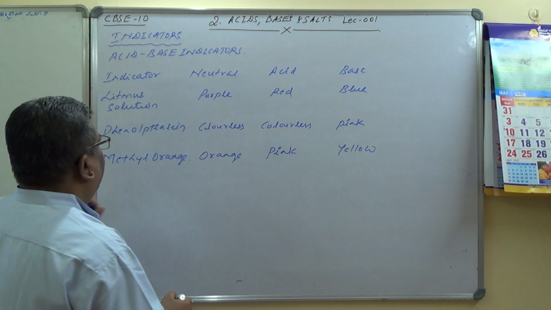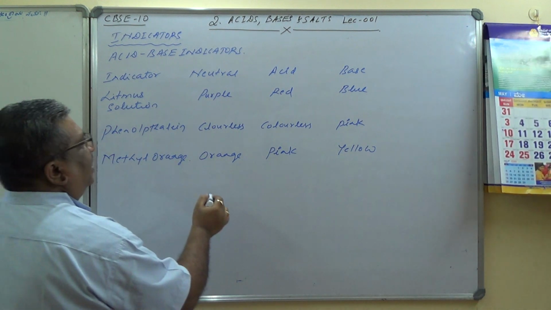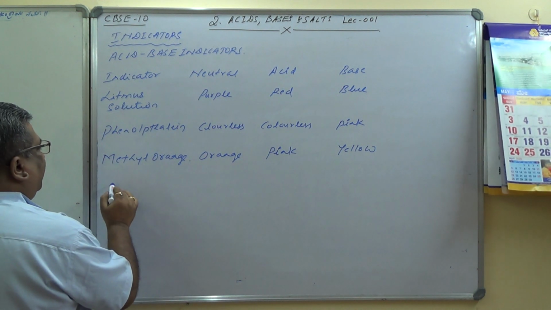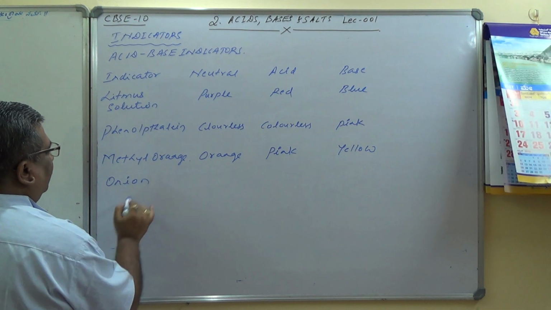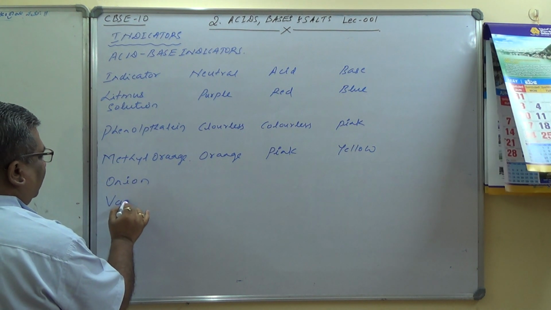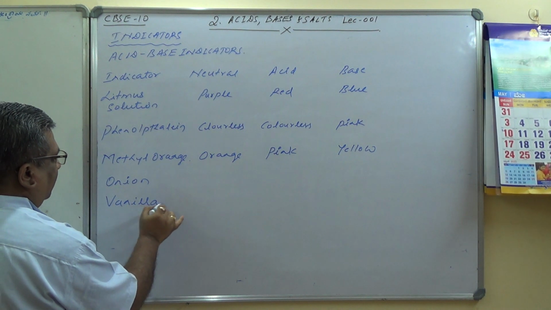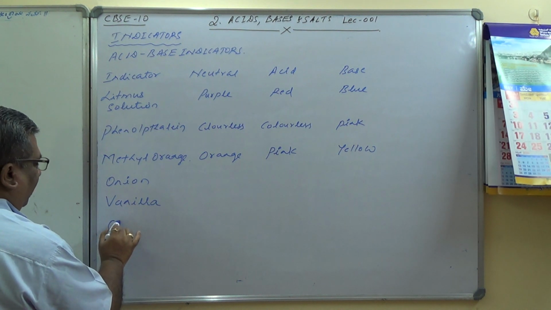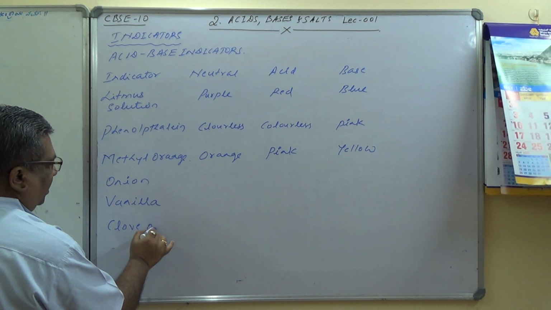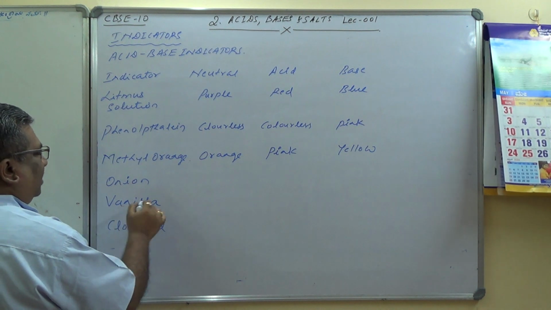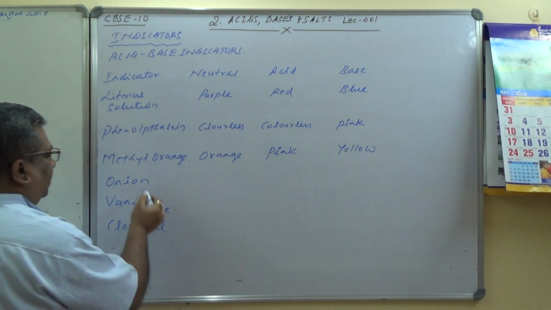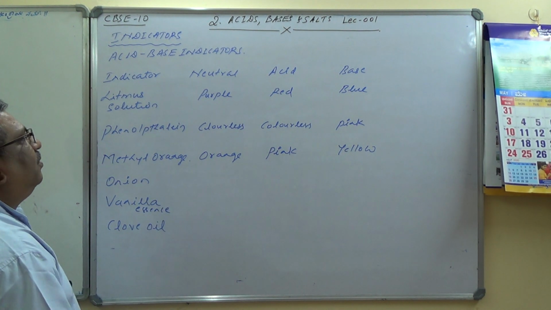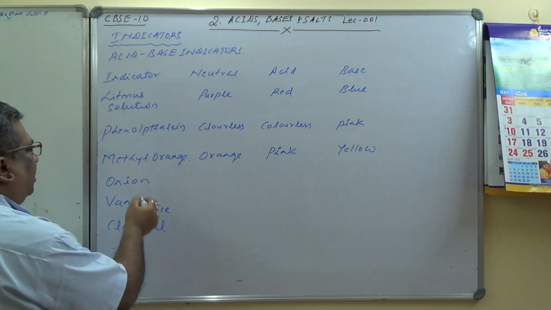Okay, and apart from this, olfactory indicators also I'll indicate, that is onion, vanilla essence and clove oil. Generally these are the ones which are used to indicate acid bases.